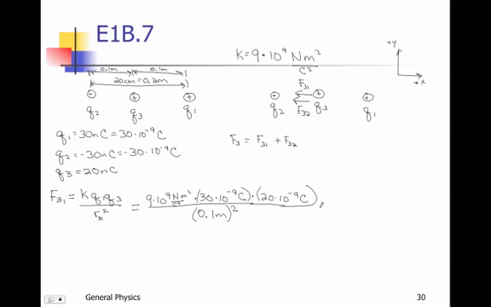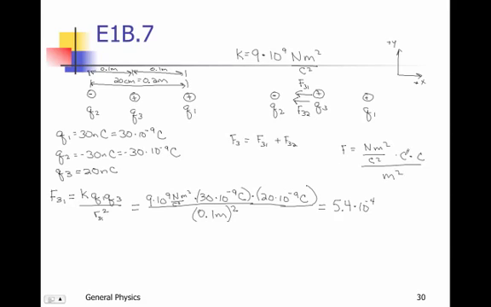squared. Okay, so now when I run through the math, when I multiply this out, I get 5.4 times 10 to the minus 4. And now if I think about my units here, for force, if I just pull out the units, I have newtons meter squared per Coulomb squared on the top times Coulomb over meter squared.